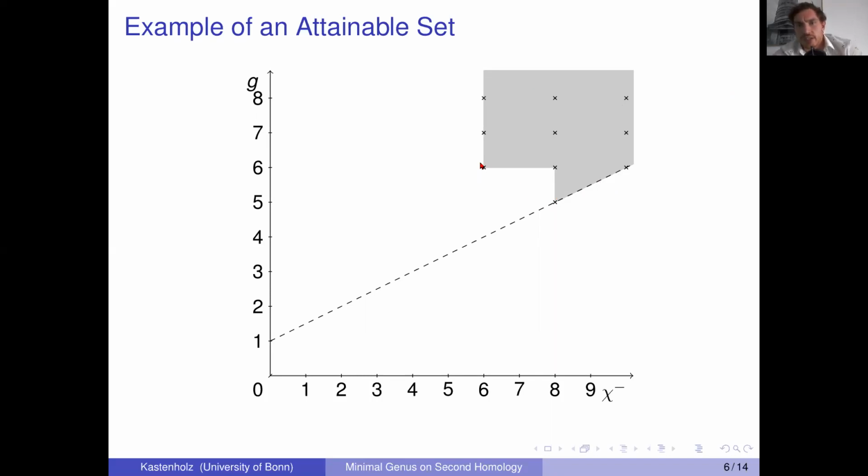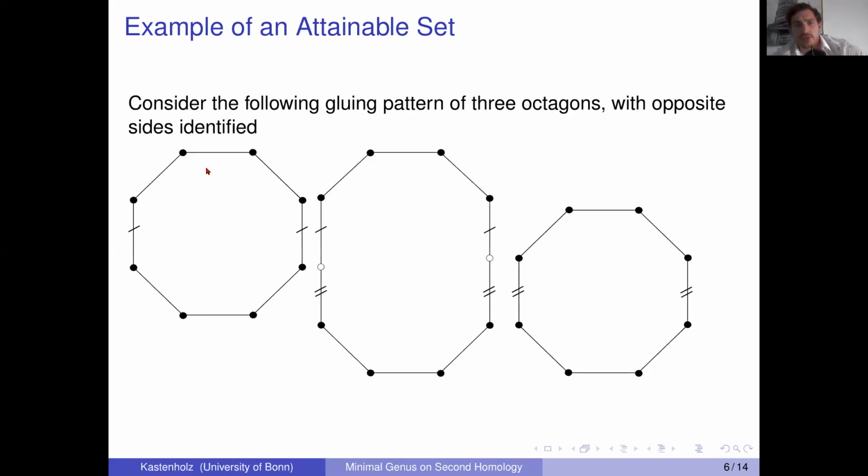So what exactly are these interesting corners here of the attainable set? Well, this here is a surface of genus 6, which has Euler characteristic 6. So this is actually given by just a surface of genus 2, surface of genus 2, surface of genus 2. So these are just basically the three cells themselves.